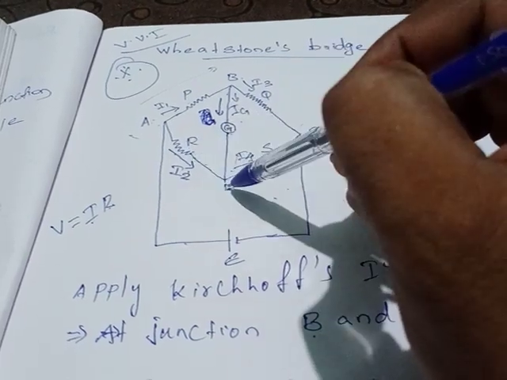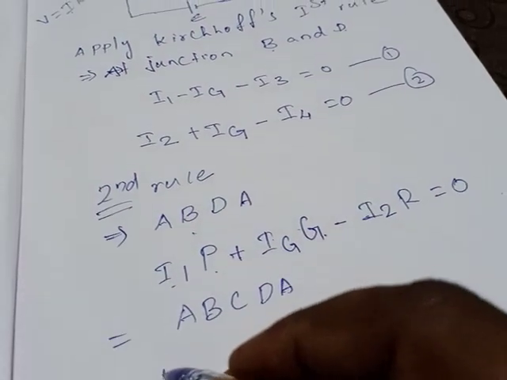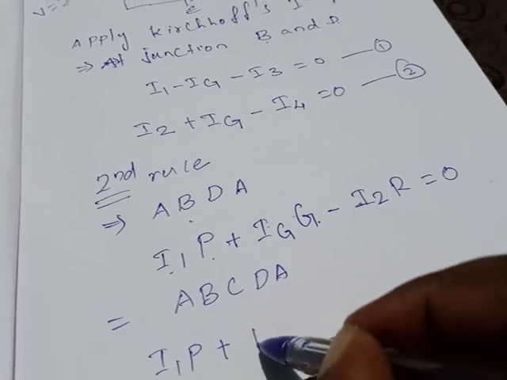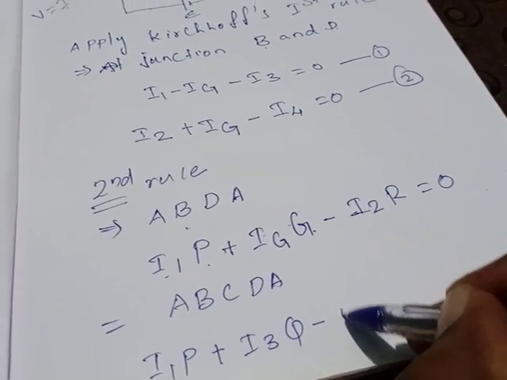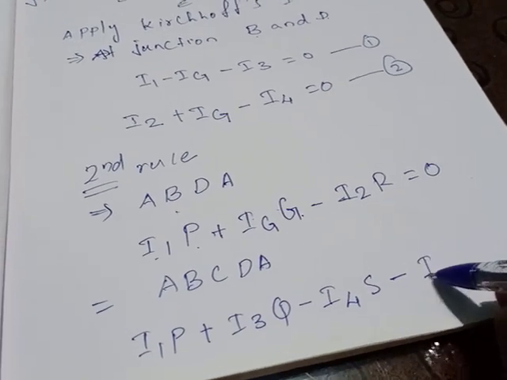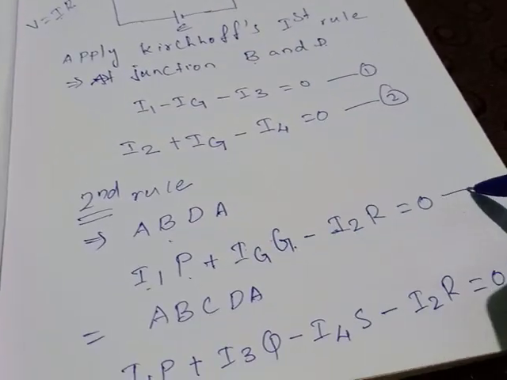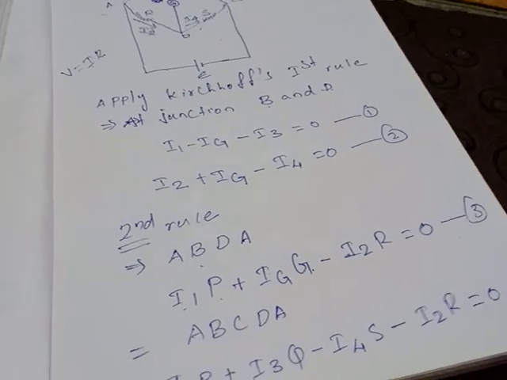I2 also opposite direction, so minus I2R. So I1P plus I3Q minus I4S minus I2R equal to 0. This is equation 3. This is equation 4.